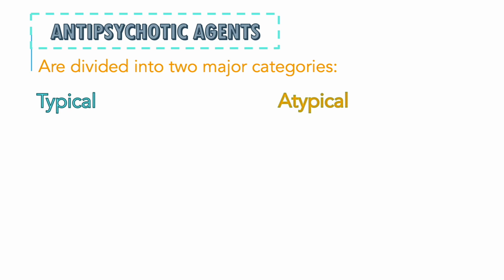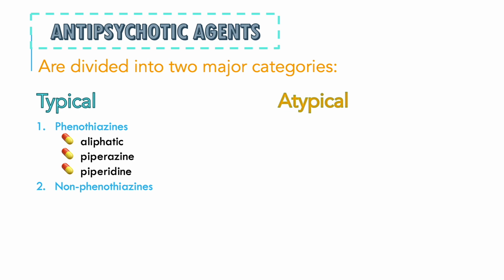Typical antipsychotic agents have specific subclassifications, which include phenothiazine and non-phenothiazine. Under the phenothiazine group, examples are the aliphatic phenothiazines, the piperazine, and the piperidine.